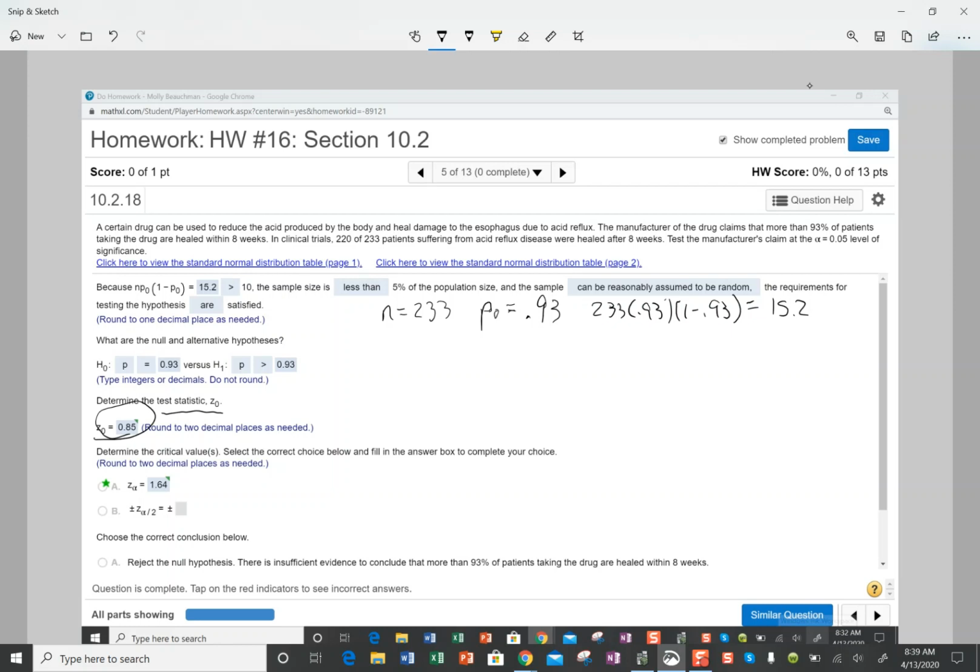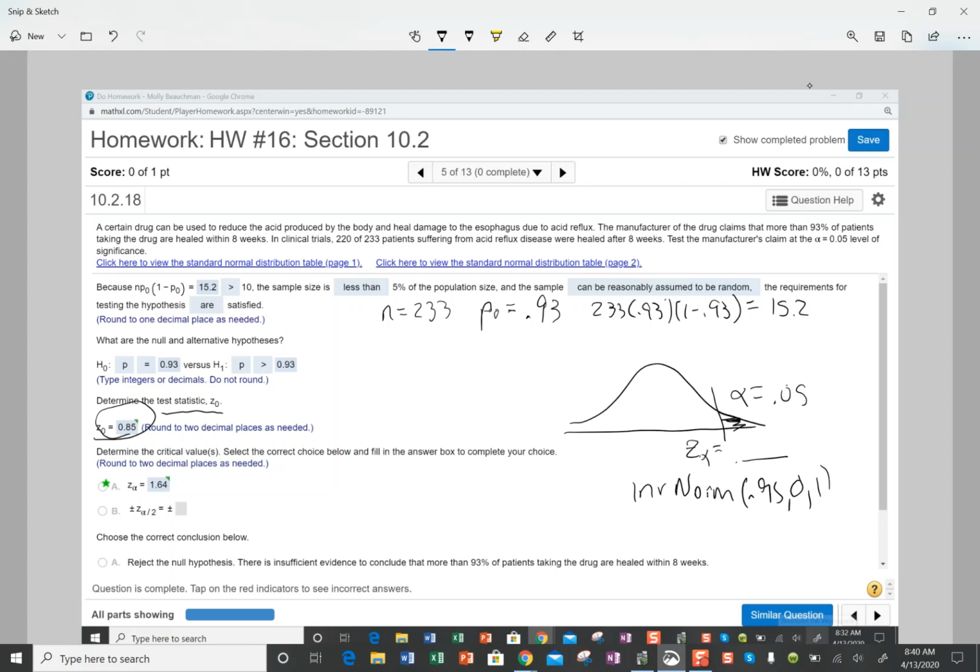The critical value, the critical Z, if we were going to do this by hand, is the cutoff that goes with your significance level. Our significance level alpha is 0.05. This is a right-tailed test, so there's only one critical Z. To find that, use the inverse normal like we did in Chapter 7. The area to the left is 0.95. It's a standard normal, so mean of 0, standard deviation of 1.